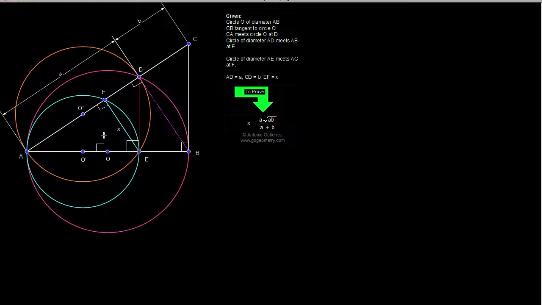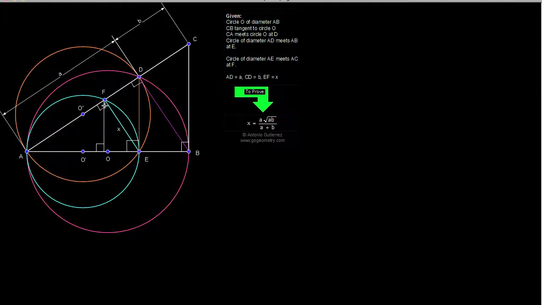Okay, so these three lines right here are all perpendicular to the same line, which is the radius of this purple circle. So those three lines must be parallel. So that's telling us that this triangle and this triangle and this triangle must all be similar triangles.